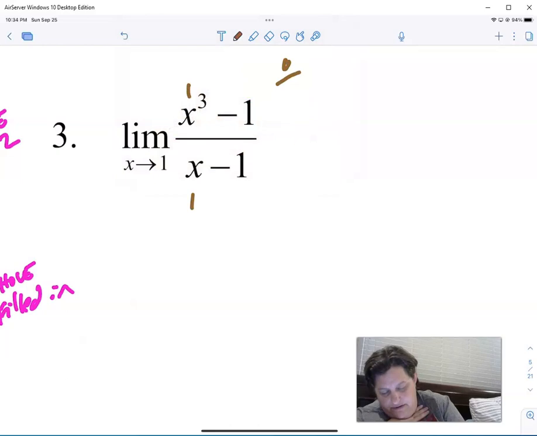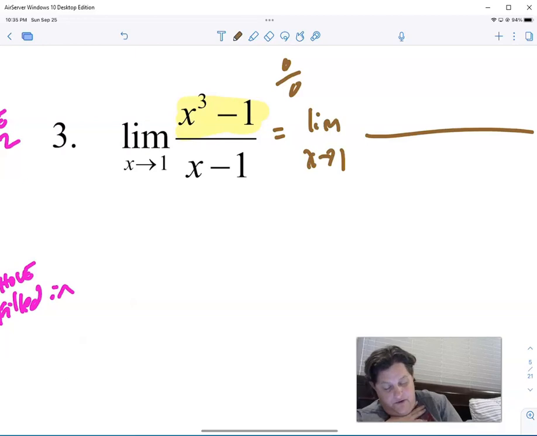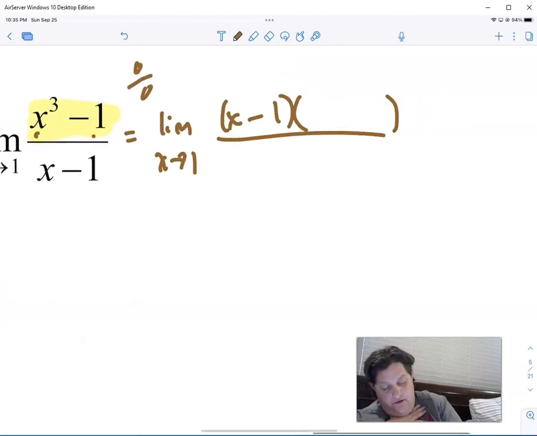Now this is why I had to go over this, because when I plug in, well, here's the thing. There's a difference of cubes, so I've got to remember how to factor it. Okay, remember it goes with x and 1, and then we go like this.